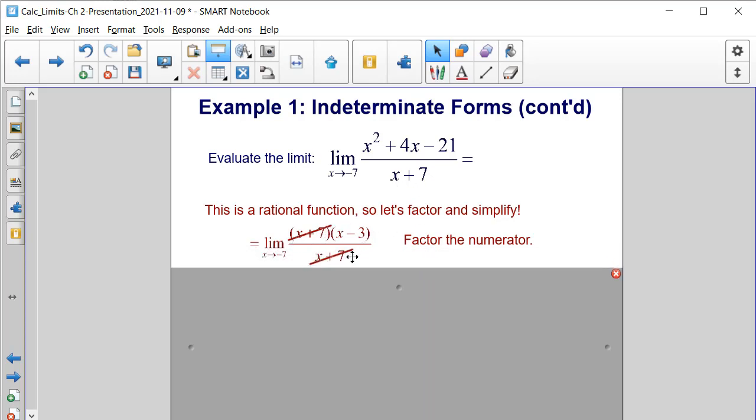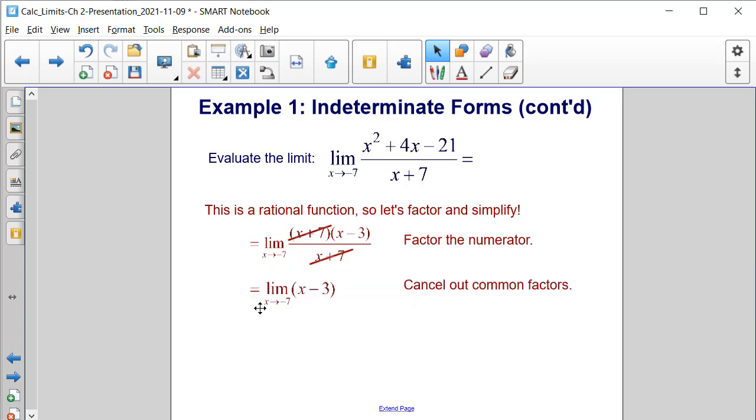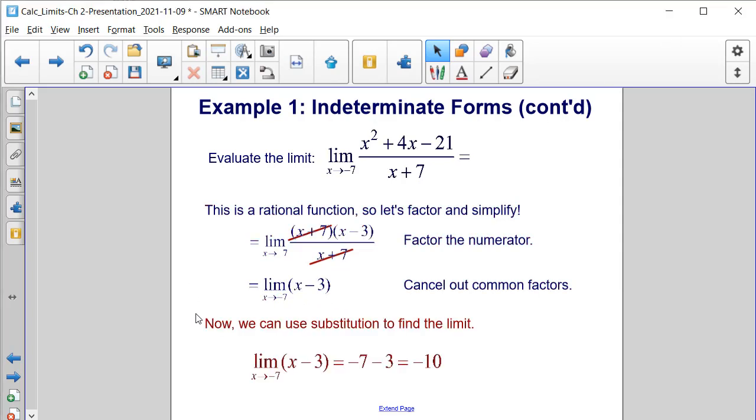Well, we have a common factor of x plus 7 that we can cancel out in both the numerator and denominator. And that will leave us with the limit of x minus 3 as x approaches -7. And now we can use substitution to find this limit. So we have the limit of x minus 3 as x approaches -7 is equal to -7 minus 3, which is -10.